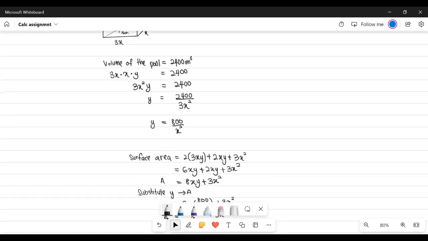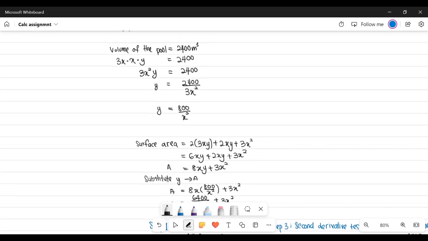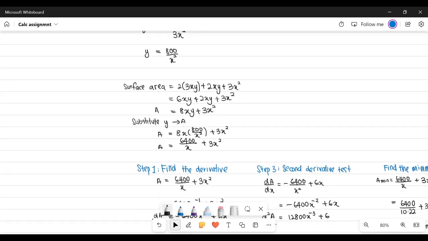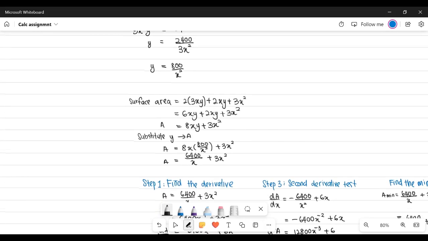As you can see, this is for the front and the back. This is for the left side and the right side. This is for the base.